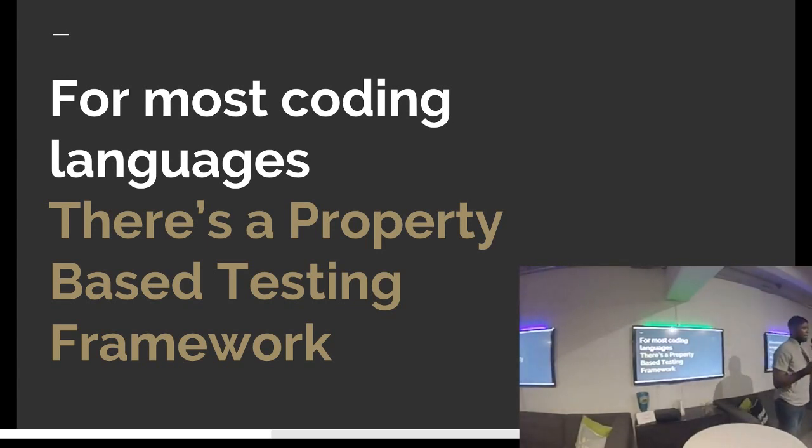For most programming languages out there, there are different types of frameworks that will help you with property-based testing. It all started with a framework called QuickCheck, which was built for Haskell. QuickCheck allowed you to generate tons of different random inputs and point those against your unit test.